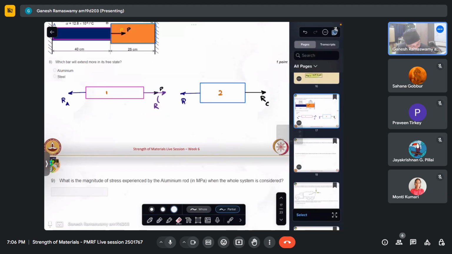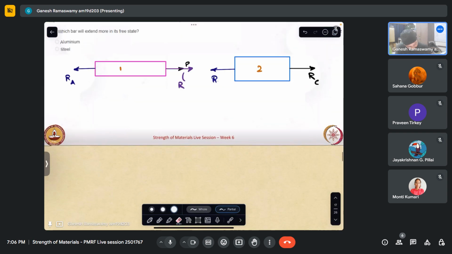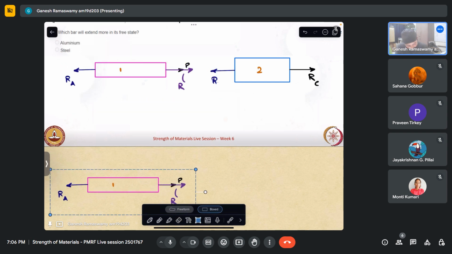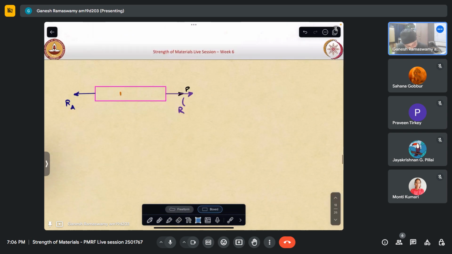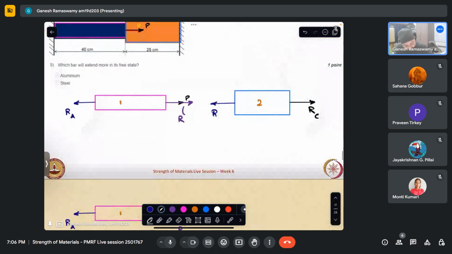So let me look at the first body here. From equilibrium, I have sigma Fx, call this x direction and that y direction. Since we are dealing only with an axial member, the x direction is sufficient.